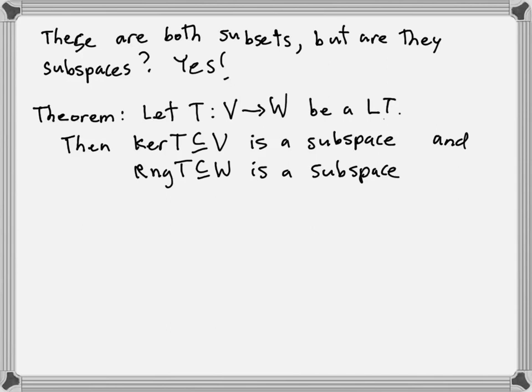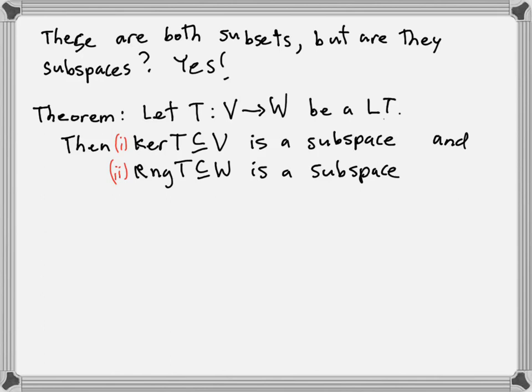Being a subspace means that they actually inherit the structure of the space that they live in. I'm going to call this statement 1, and this statement 2. And we are going to prove these things.